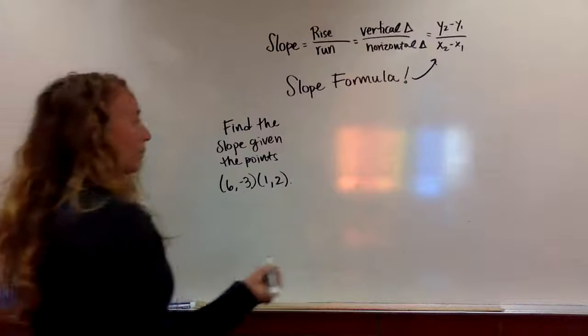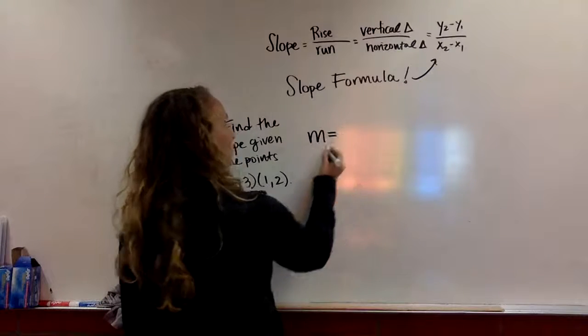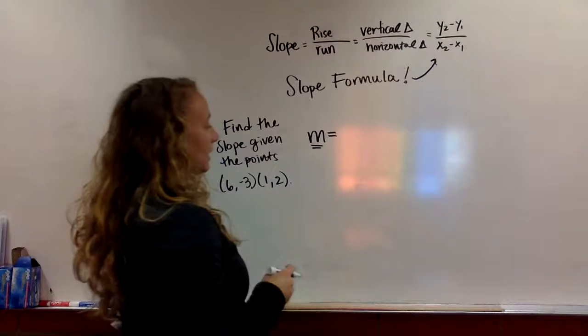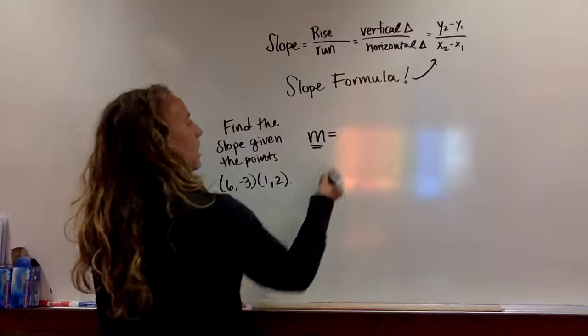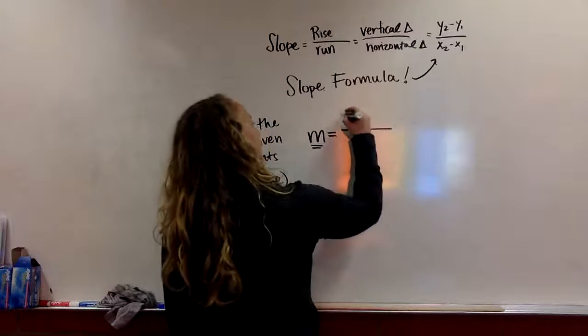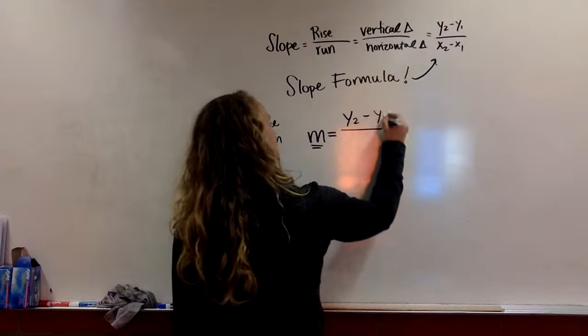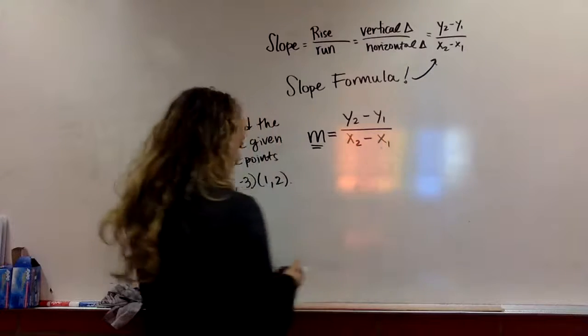So looking at this, we are going to use that slope formula. I'm going to be super specific here and show slope in terms of m this time. We'll talk about that in another few lessons, what m truly means and why it's called m. But m is equal to y sub 2 minus y sub 1 over x sub 2 minus x sub 1.